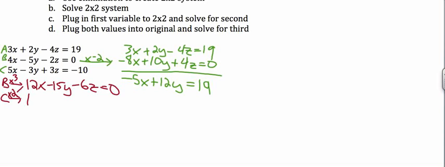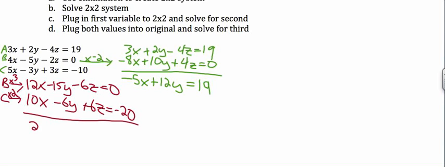And when I multiply C by 2, I get 10x minus 6y plus 6z equals -20. When I add those together, I get 22x minus 21y equals -20.